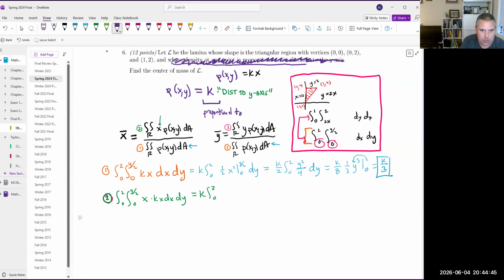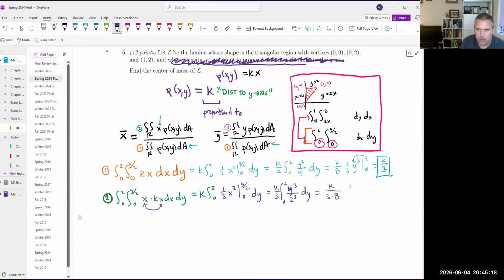Okay, this is going to be x squared, and so when I integrate, I get 1/3 x to the third from 0 to y over 2. I got that because I had an x squared here. So then I have k over 3, k y cubed over 2 cubed dy. So that's k over 3 times 8, which I could write as 24.